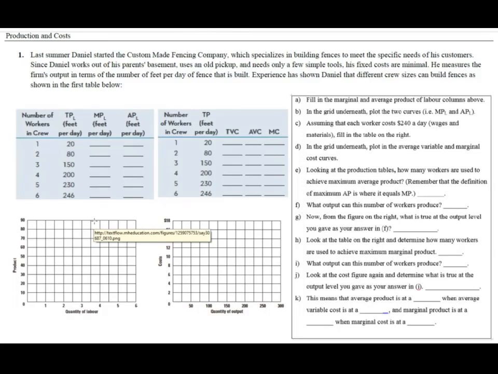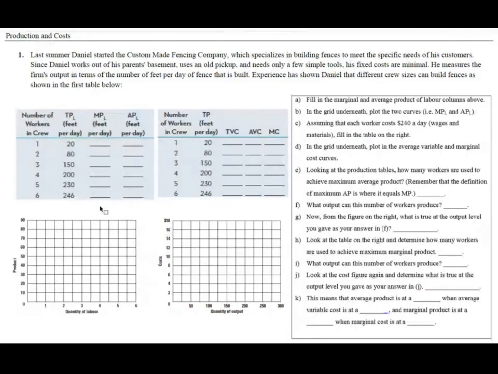Experience has shown Daniel that different crew sizes can build fences as shown in the first table below. So here we have the number of workers in the crew and then their output. So this column here is the total product, or Q. Now A says to fill in the marginal and average product of labor columns. It says above, but it's talking about this table here.